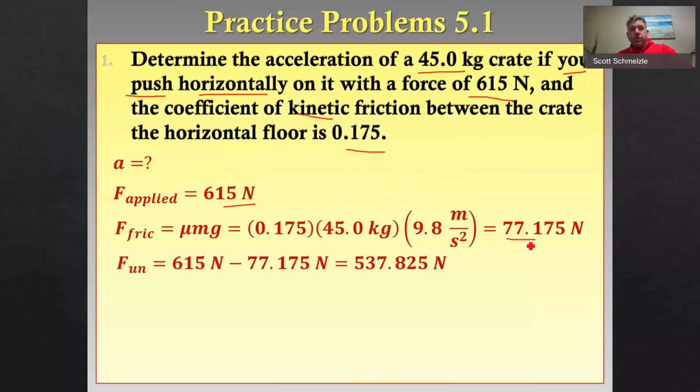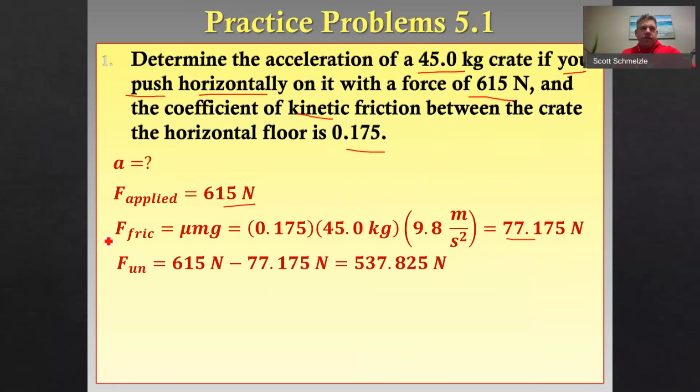So, I suppose I could use kinematics, but I don't have enough information there. I don't have a distance. I don't have a time. I don't have a final velocity, right? I know the initial is 0, but other than that, I don't know anything, right? So I'm still going to use F_un equals applied minus my force of friction.